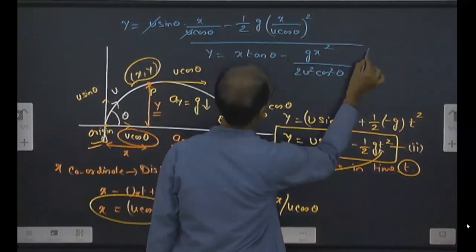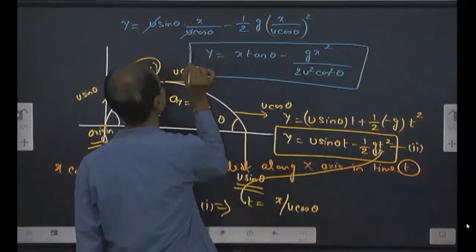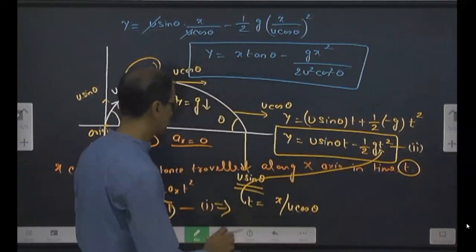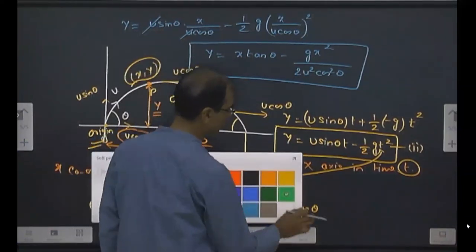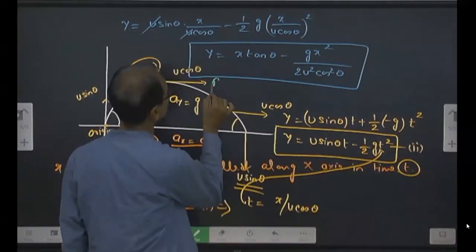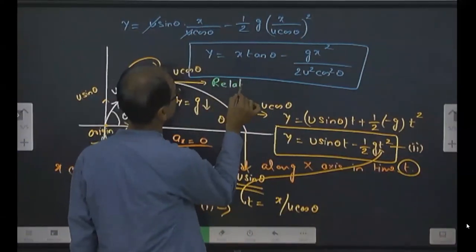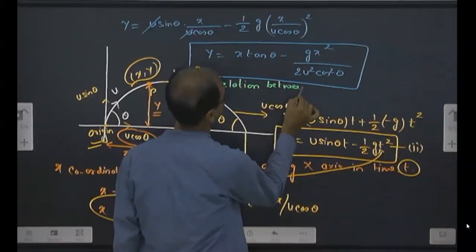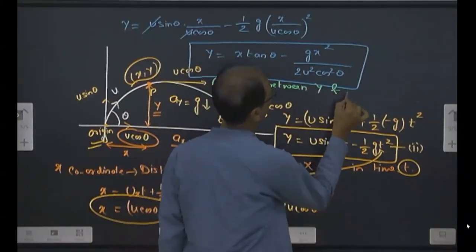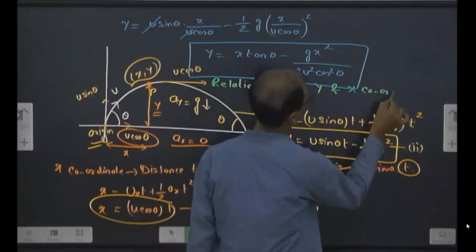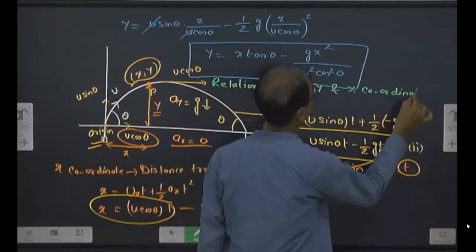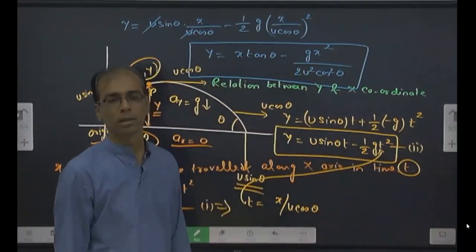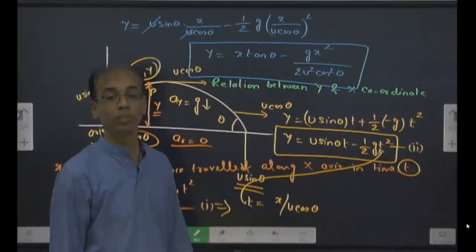This is the relation between y and x coordinate, which we also call the trajectory of projectile or path of projectile.